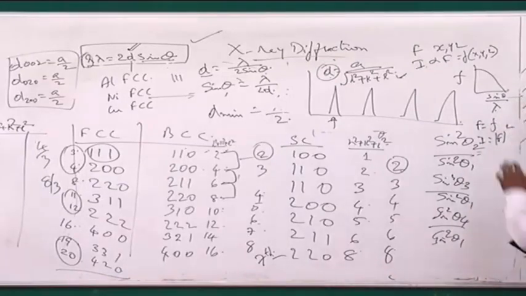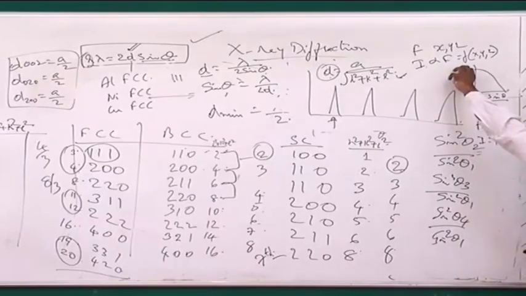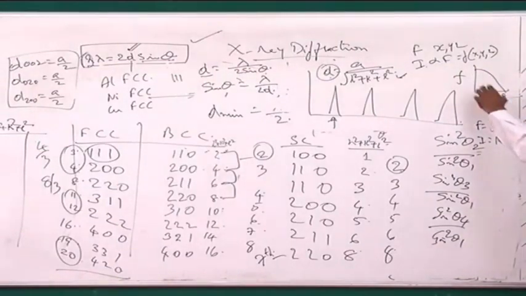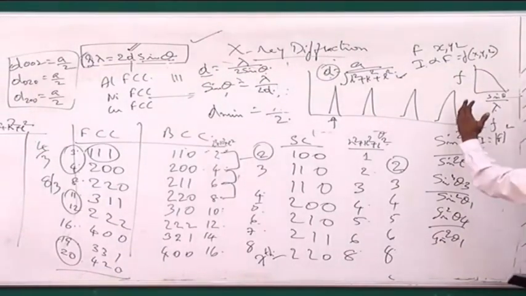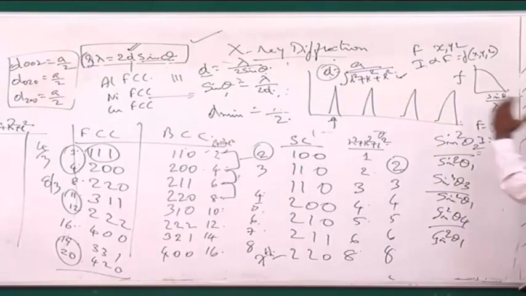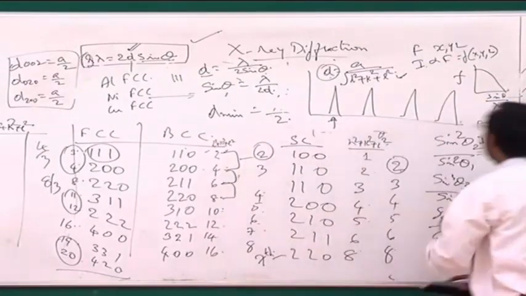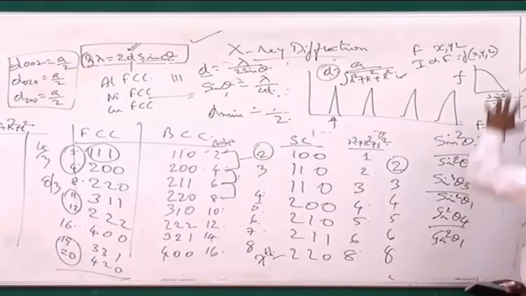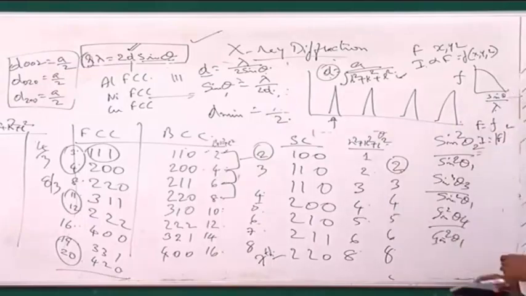So as a result, I can say the intensity is proportional to the square of f. If the f is small, then the intensity is small. Because the f is related to theta, you can see large angle peaks or large index planes will always have large angles, and they will have smaller intensities. This is how we can differentiate between the things.